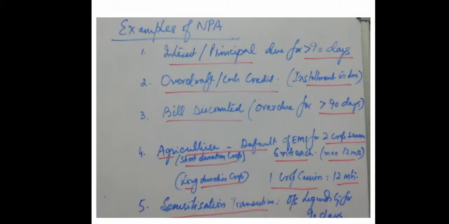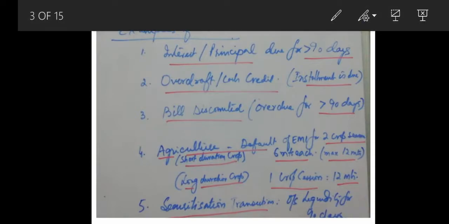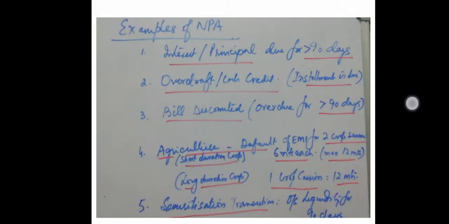The second segment is where you're dealing with overdraft and CC limit. Overdraft and CC limit is where you're dealing with some sort of business account where people are borrowing on the basis of stock and book debt. Book debt means they are in business where they deal with certain debtors to whom they are selling on credit.